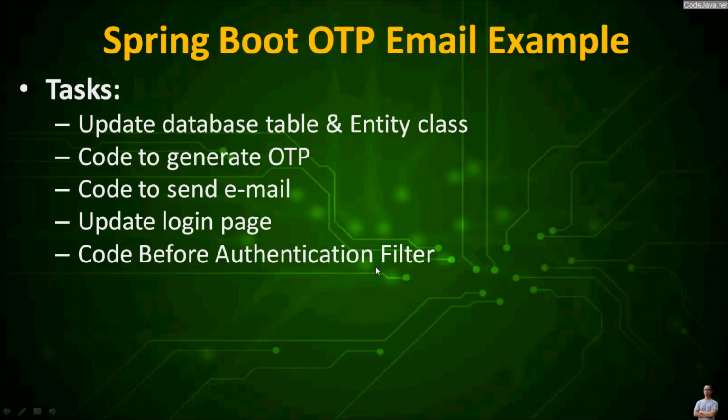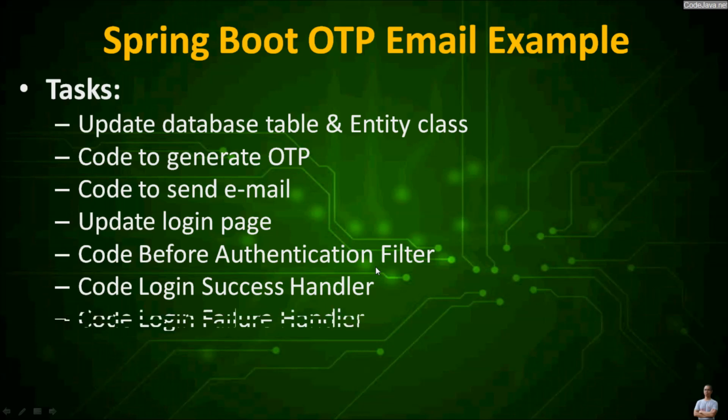We need to code a before authentication filter in order to detect if a request is suspicious or not, and we need to code the login success handler and the login failure handler, and write code to clear the OTP upon successful authentication in case OTP is required.